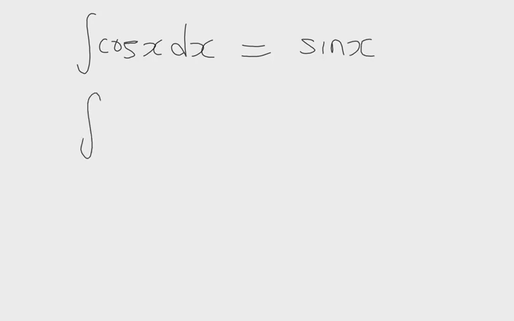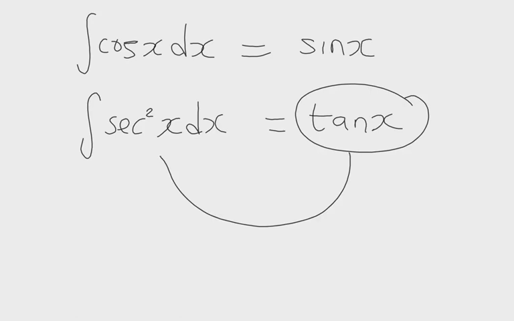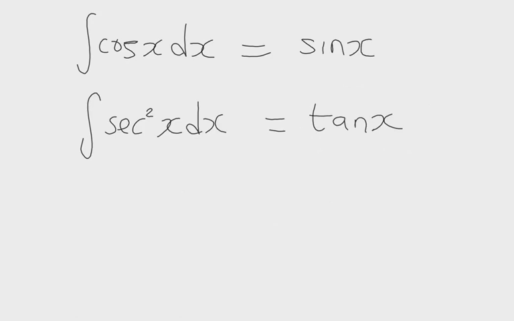The integral of sec square x dx is going to give us tan x. Now, why is this so? Because when you differentiate tan x, you are going to get sec square x. So then that means when you integrate sec square x, you are going to get tan x. So that's what it is.